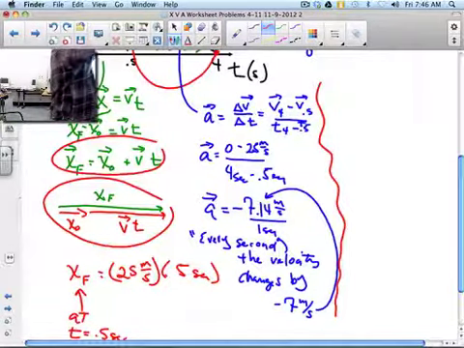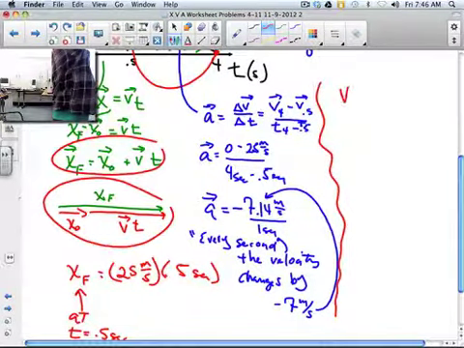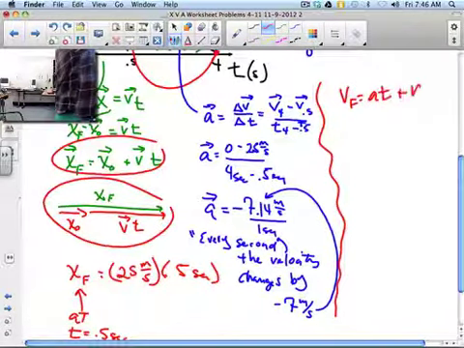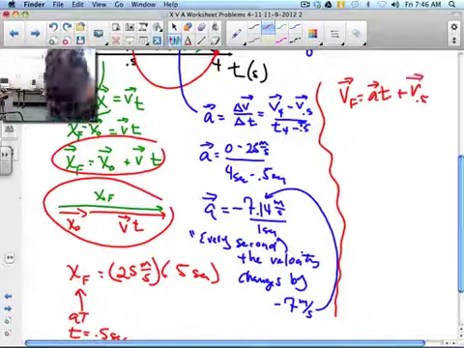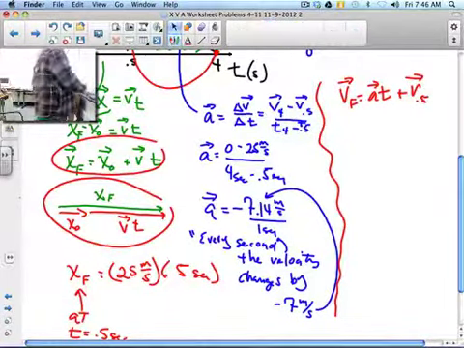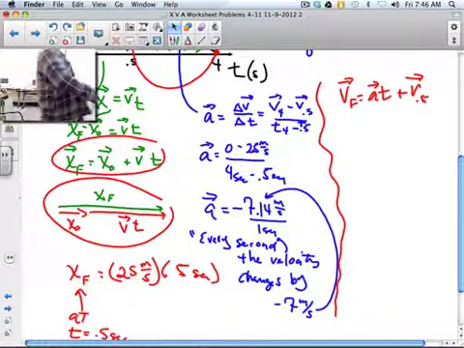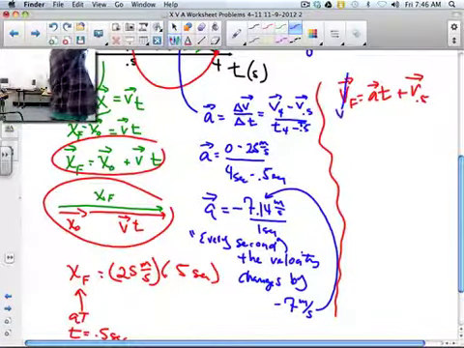So our velocity equation is v final equals at plus our initial velocity, which is actually at 0.5 seconds. And we decided that our final velocity at the end was 0 because the car stops.